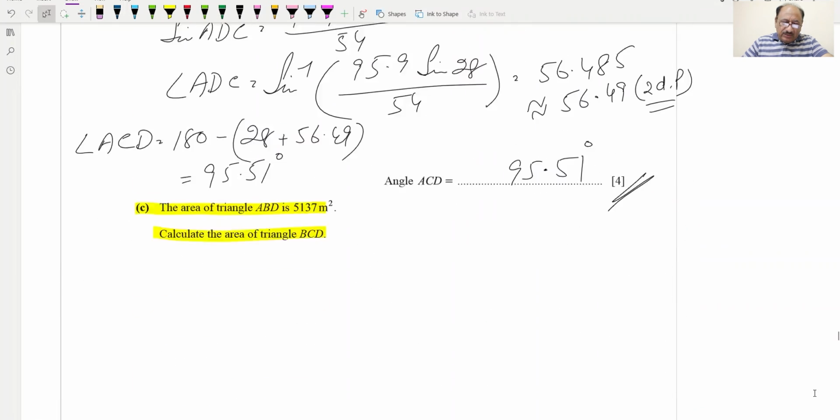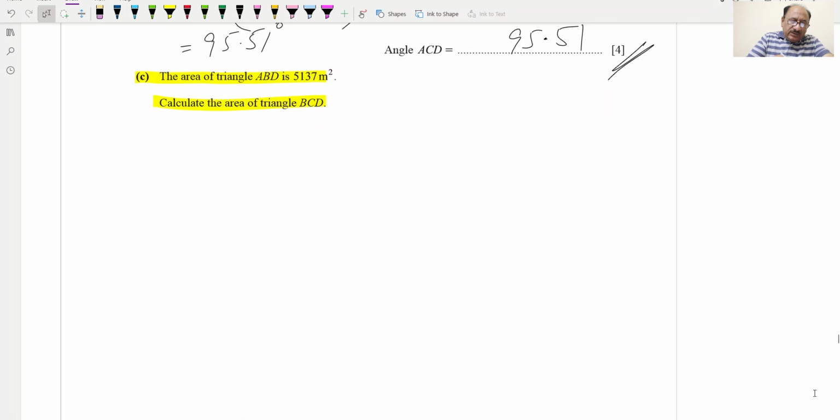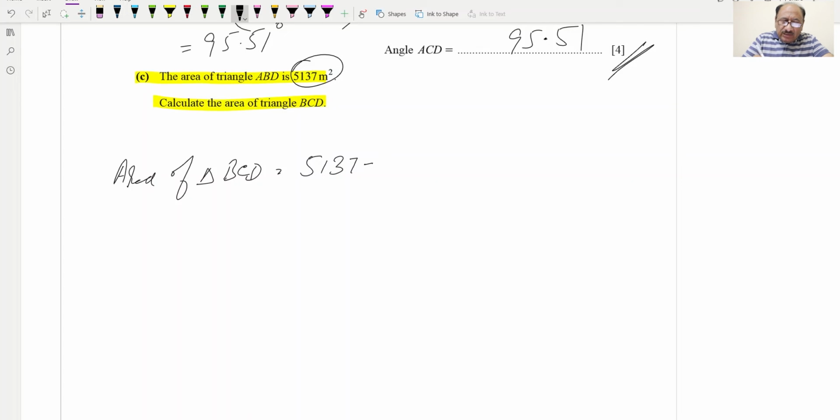So I will write here area of BCD. Area of triangle BCD will be equal to the given number, which is total area of the whole shape, which is 5137, minus area of one triangle, which is 1 by 2 into A B sine C, 120 into 45 sine of 48 degrees, and minus the other one, 1 by 2 into 95.9 into 54 sine of 95.5 degrees.